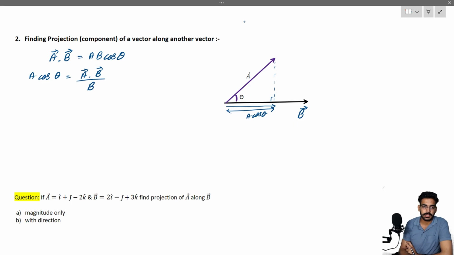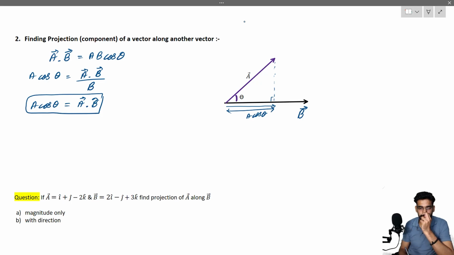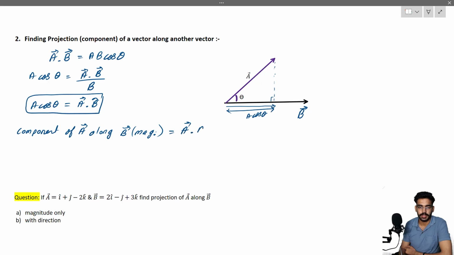So I can write it like this also, a cos theta equals a vector dot b cap, right? This is your magnitude. So I can say component of a vector along b vector, in terms of magnitude, that is a vector dot b cap.